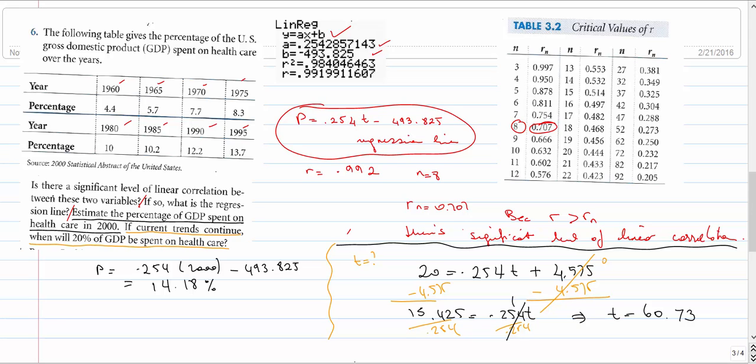So our equation predicts that if current trend continues, spending on healthcare will reach 20% in around 2021.